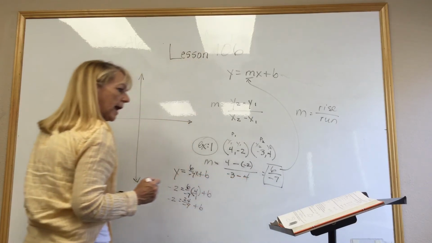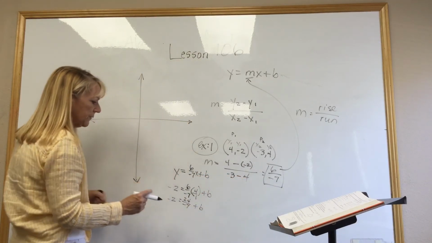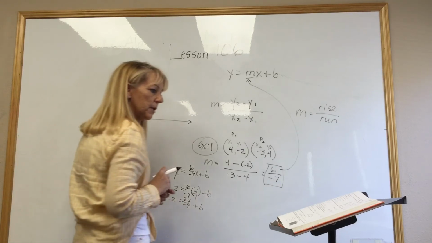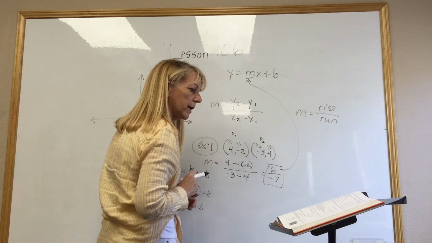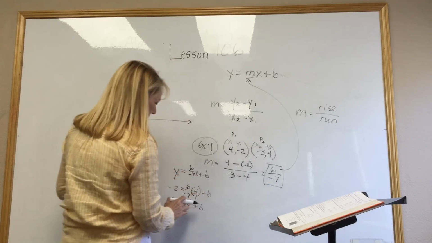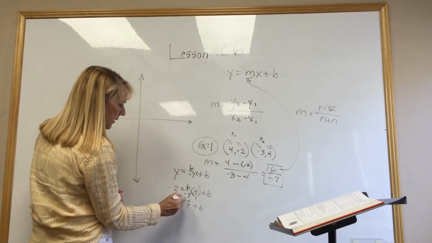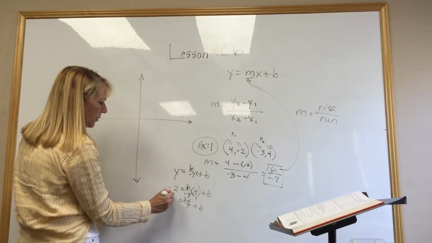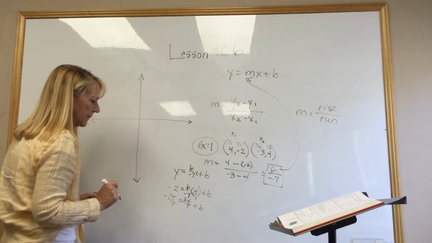First I'm going to convert this -2 into something with a 7 denominator. They're going to put the negative on the top, or just out front. So we can put that right here, and I'm going to make this -14 over 7. Okay?